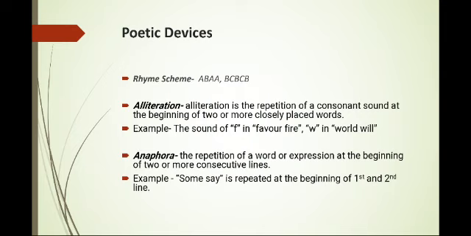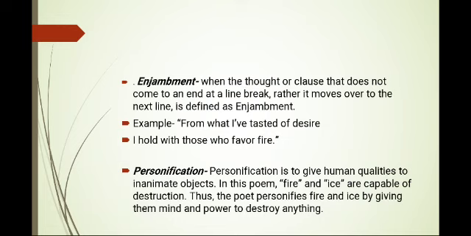Another figure of speech is anaphora. The repetition of a word or expression at the beginning of two or more consecutive lines is known as anaphora. Example, this phrase, some say, is repeated at the beginning of first and second line. Next most significant figure of speech used in the poem is enjambment.